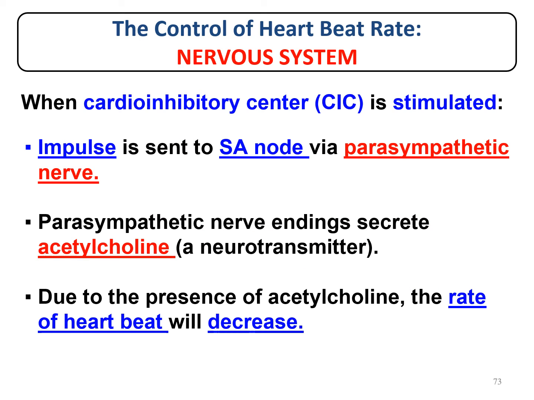But when the cardio-inhibitory center is stimulated, an impulse will be sent to the SA node via the parasympathetic nerve. Since the parasympathetic nerve secretes acetylcholine as a neurotransmitter, the SA node will detect the presence of acetylcholine and then decrease the rate of heartbeat.